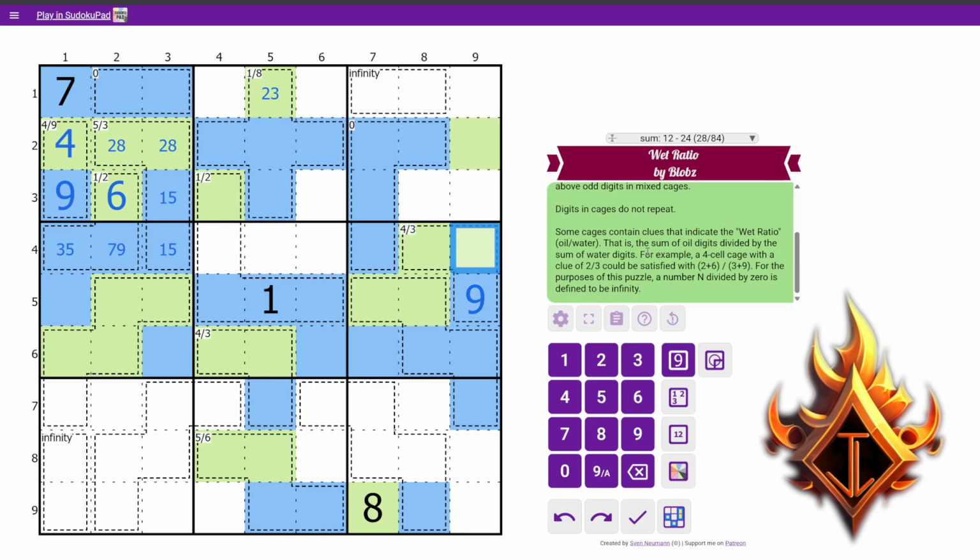So this means this will be 12. And I think that can only be done with 8, 4. That is true.